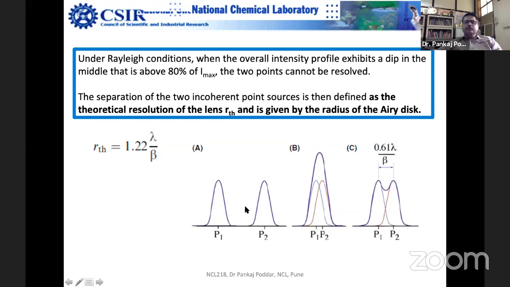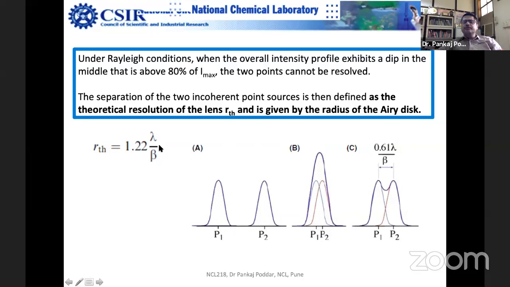So when they are too close, then these points can be considered as unresolved. But when these points are just sufficiently close that the minimum of this Airy disk falls exactly at the maximum of the central maximum of this neighboring disk, then they are considered as resolved, and this distance is calculated as 0.61 times lambda divided by beta.